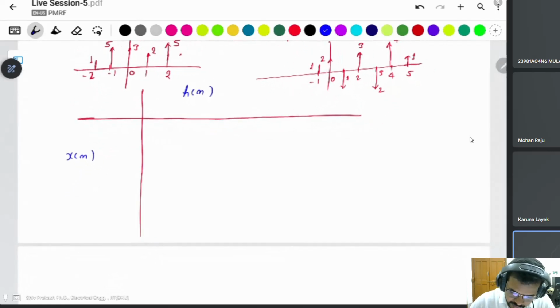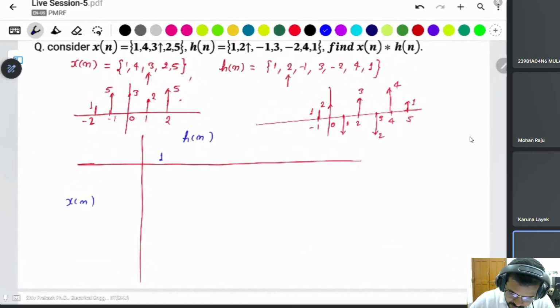This one is 1, 2, minus 1, 3, minus 2, 4, and 1. Here x[n] is 1, 4, 3, 2, and 5.